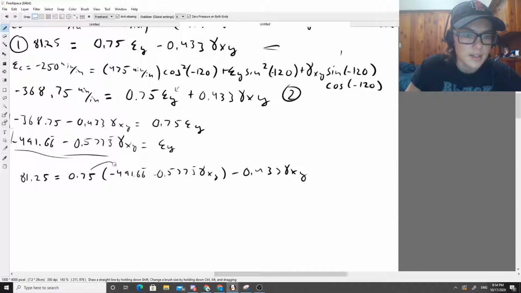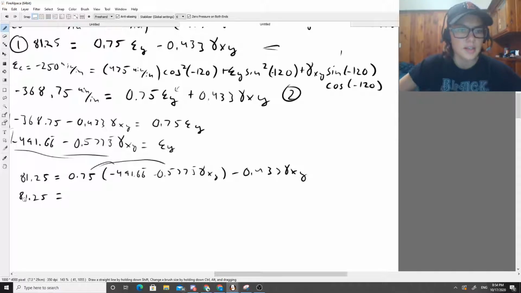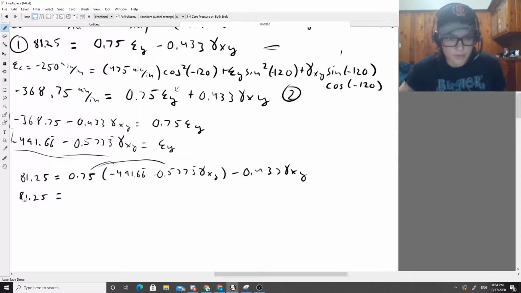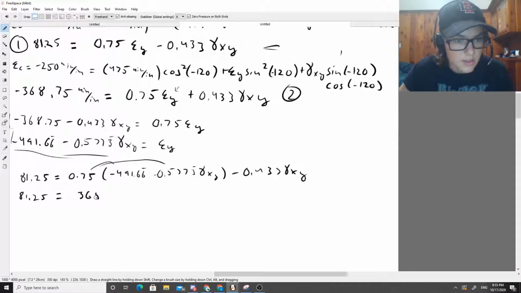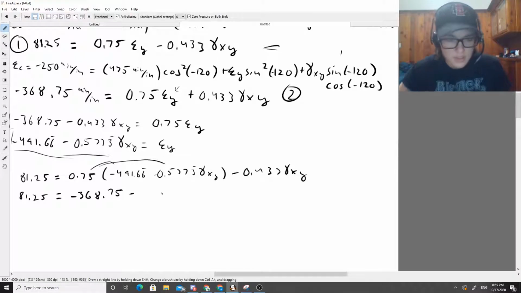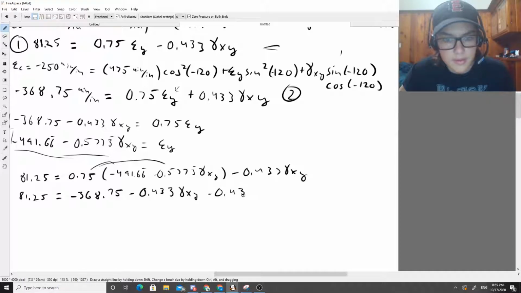Okay, I'm going to distribute in our 0.75 right off the bat, and we can say that 0.75 times 491.666666 is equal to 368.75 negative, minus 0.5773333 times 0.75 is, of course, 0.433 gamma xy minus 0.433.